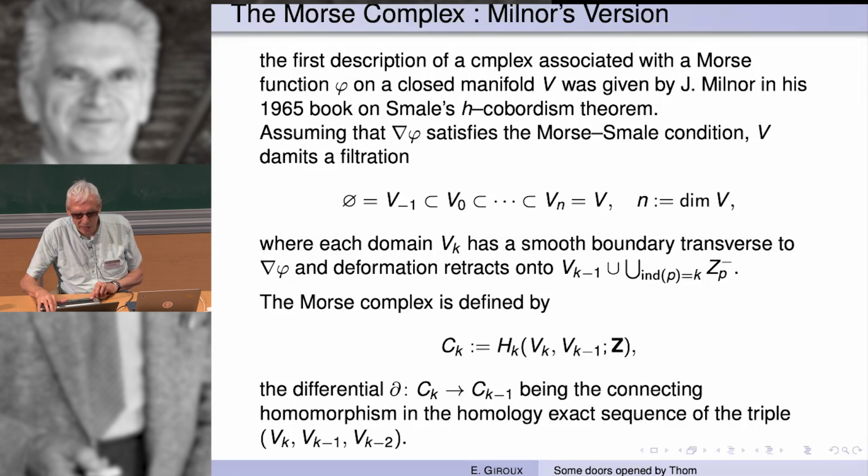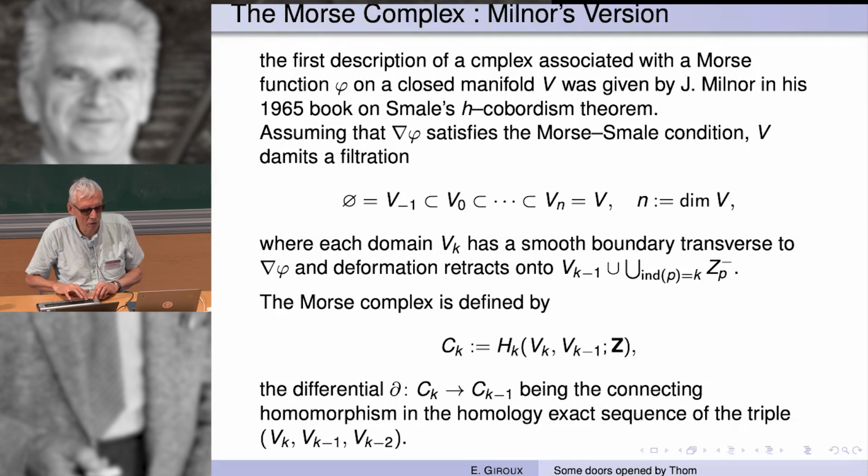And now with this filtration, Milnor builds a complex which is the following. The k-th chain group C_k is given by the homology of V_k relative to V_{k-1}.